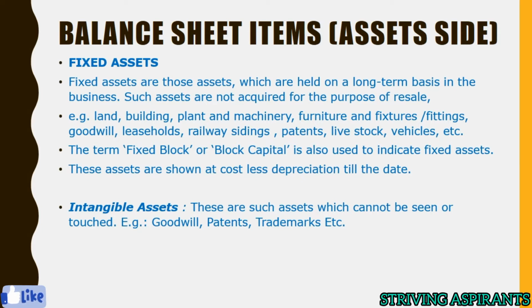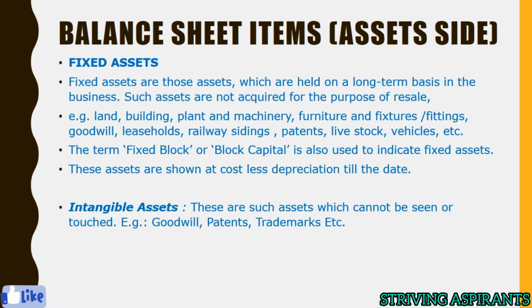These assets are purchased with the intention of not being for resale, meaning these fixed assets will remain for more than 1 or 2 years in the business or the organization we are dealing with.